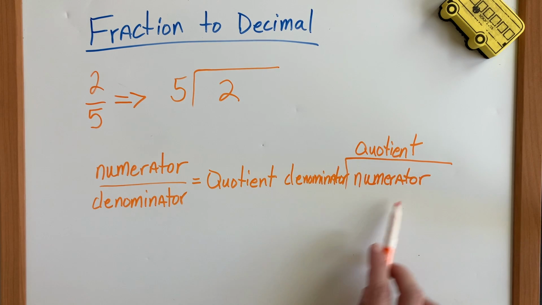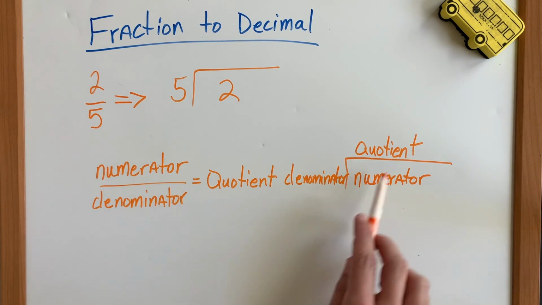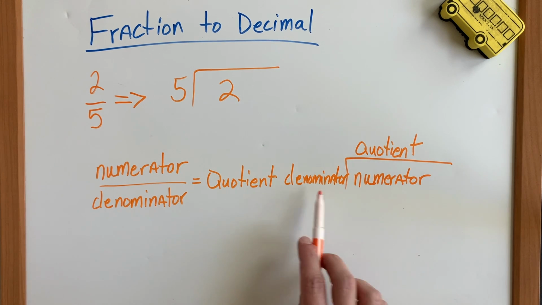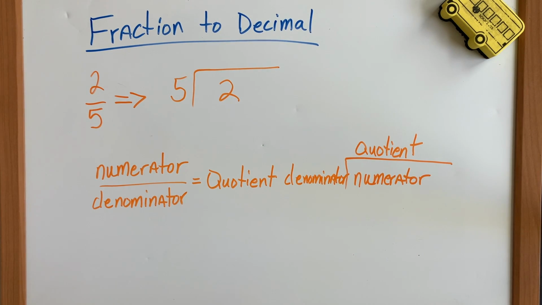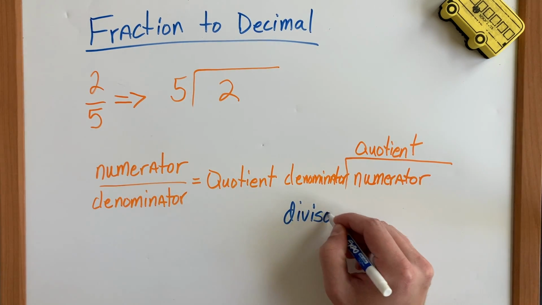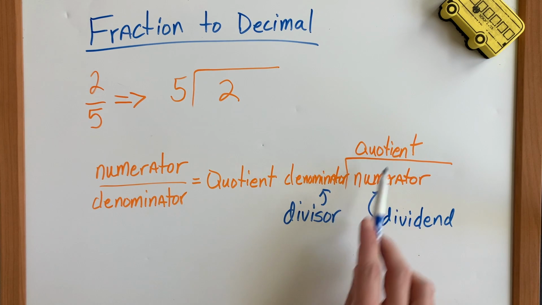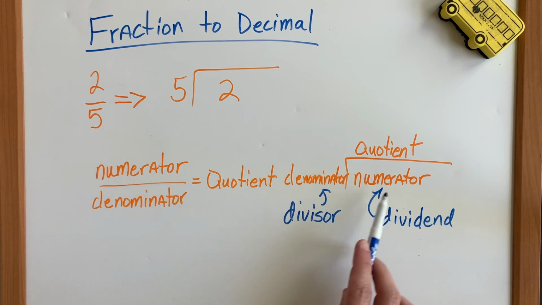And in long division, this is how the parts of a fraction are rearranged. In long division, we have a divisor, a dividend, and a quotient, but this is how the parts of a fraction and long division are connected.